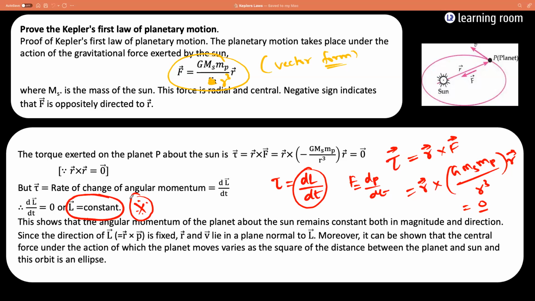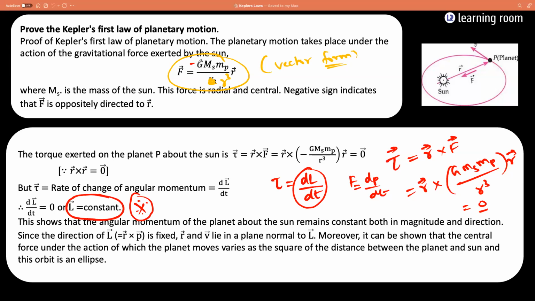Is this point getting registered? This is the r vector. Actually, here you also need a minus, because the force is attracting the planet towards the sun, but the r vector is away from the sun. They are in opposite directions, that is why there is a minus. Actually, we need the minus here.